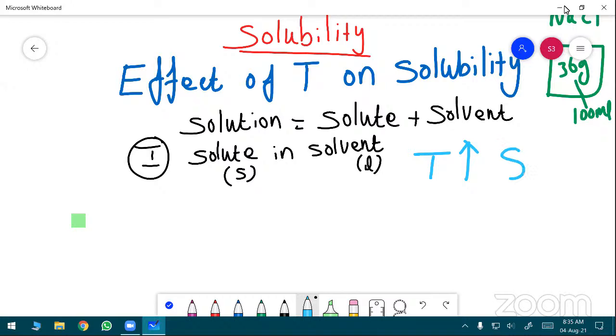Solubility increases when the temperature increases. How does solubility increase in this system? That we are going to see. Whenever temperature T increases, there will be an increase in average kinetic energy.